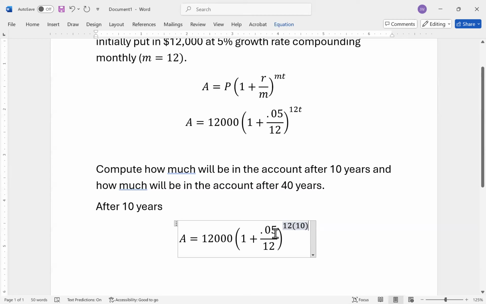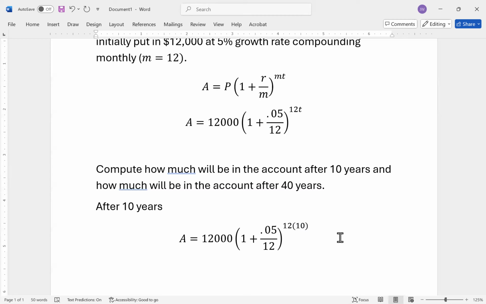We can't take the exponent of 12 and then multiply it by 10. Sometimes if I'm dealing with a scientific calculator, I will multiply the 12 times 10 first and call that 120 when I type it into the formula. So make sure the exponent of 12 times 10 gets multiplied before we actually take the exponent.